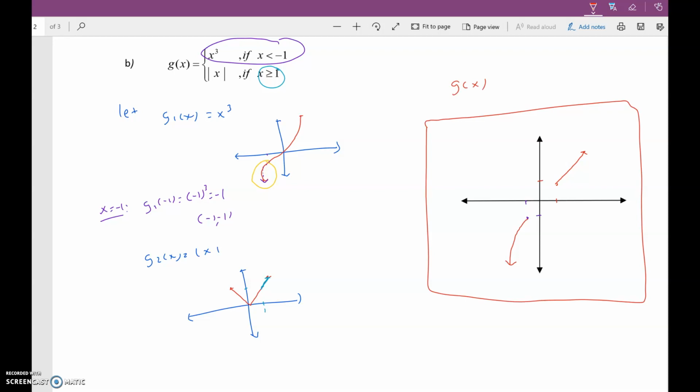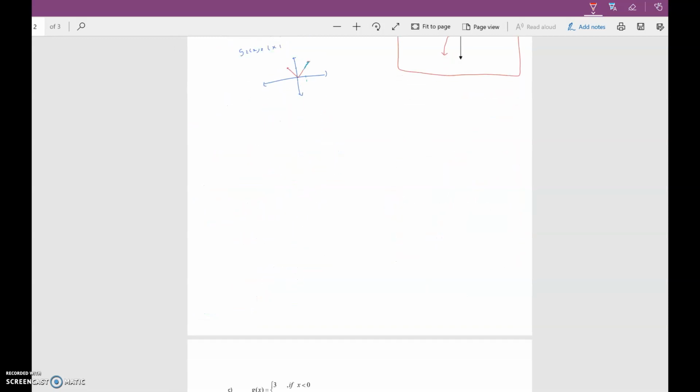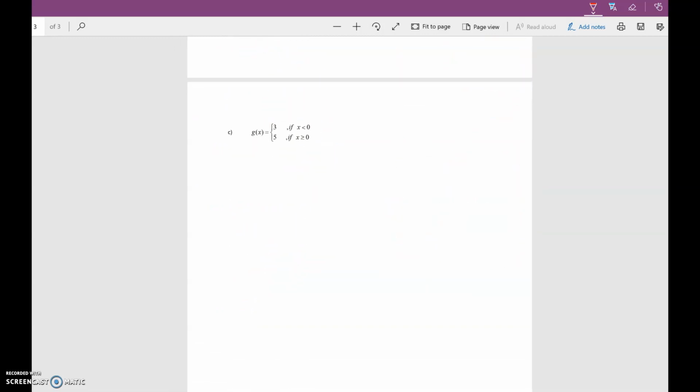Let's take a look at the last one. It looks a little bit complex, but it's actually perfectly fine. We'll let g1 of x equal 3, and then g2 of x equal 5.